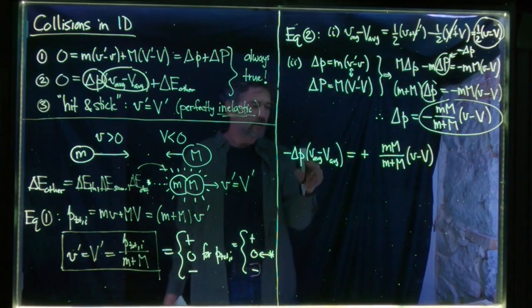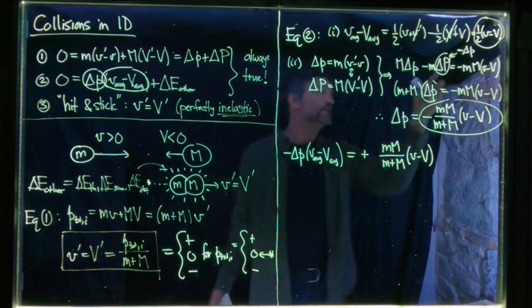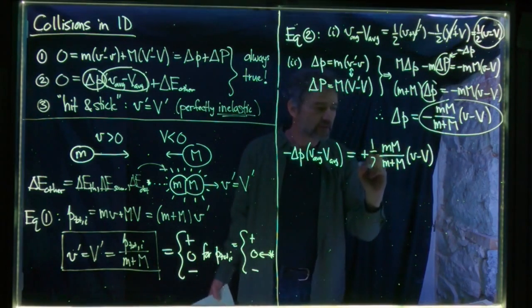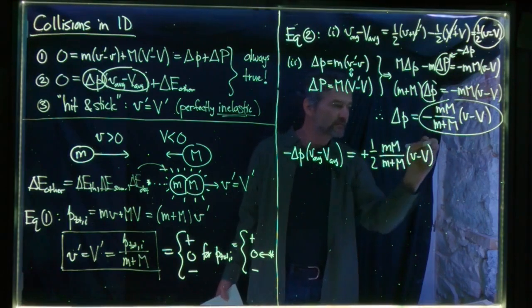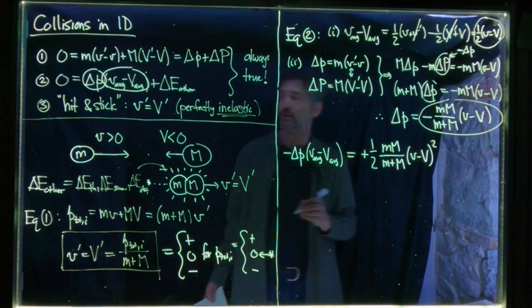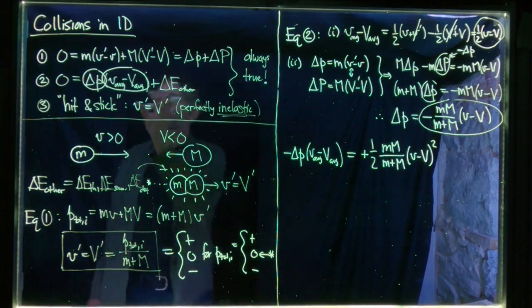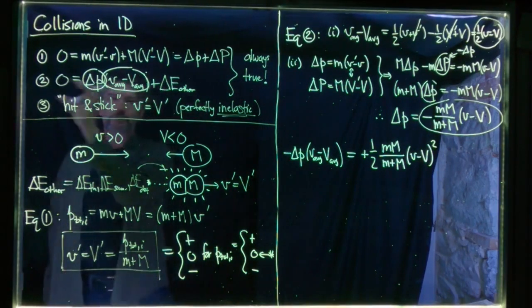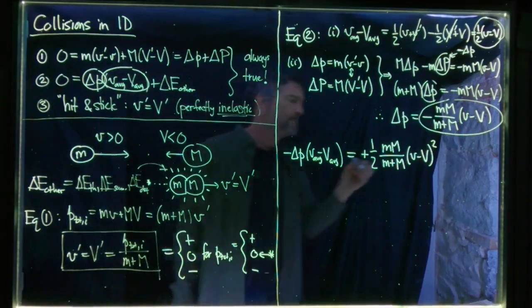And then we need to multiply by the difference of the average velocities, which is 1/2 little v minus big V. So there's a half, another factor of little v minus big V makes that little v minus big V squared, okay? If we take this object to the left-hand side, we get a negative delta p times the difference in velocities is equal to delta E other.